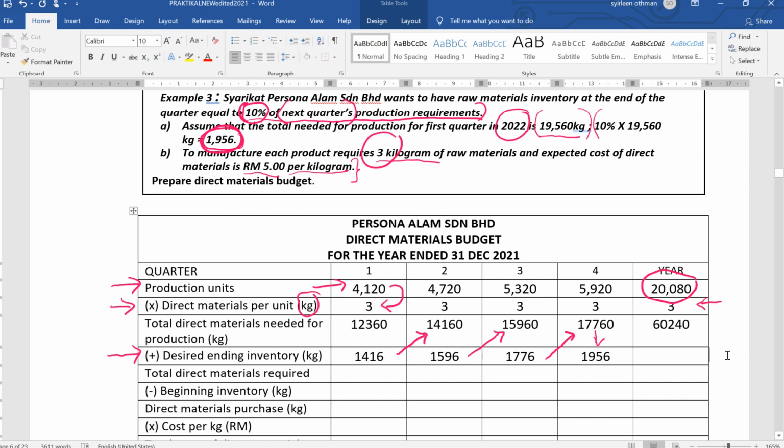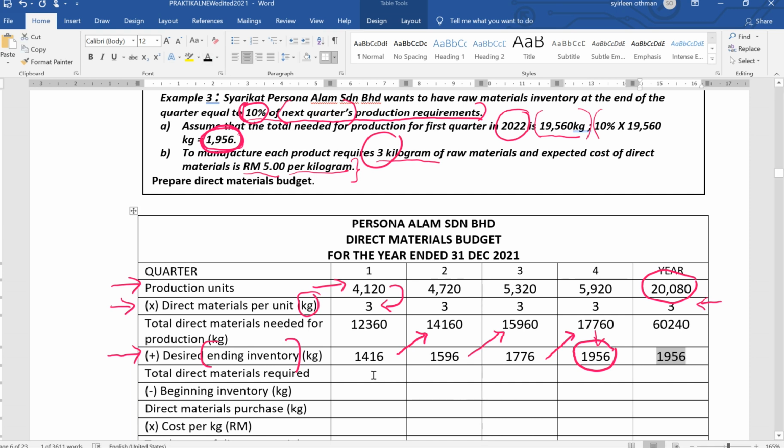As usual, since this is ending inventory, here we will only put the item from the fourth quarter, which is 1956 here.